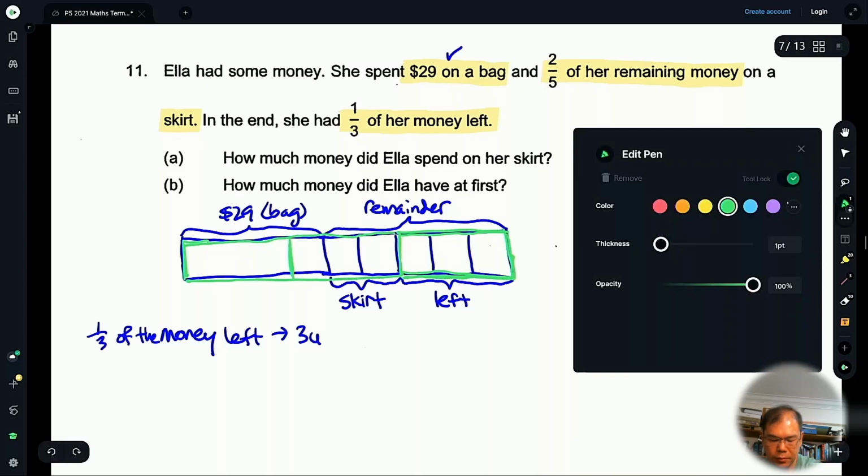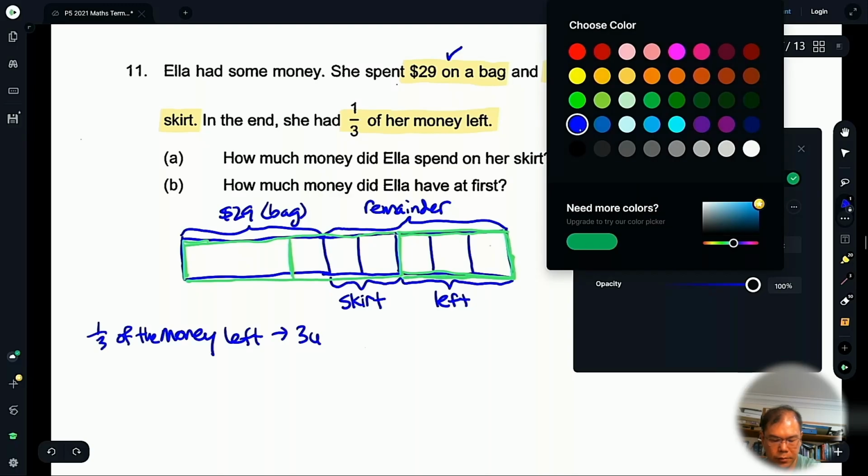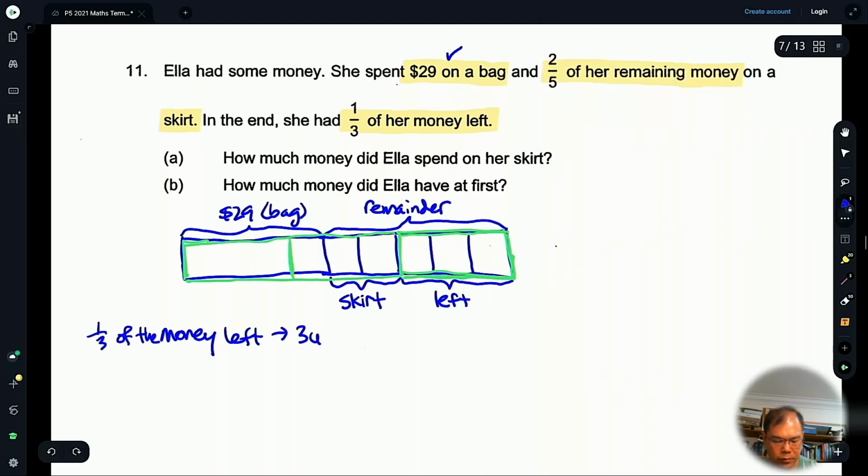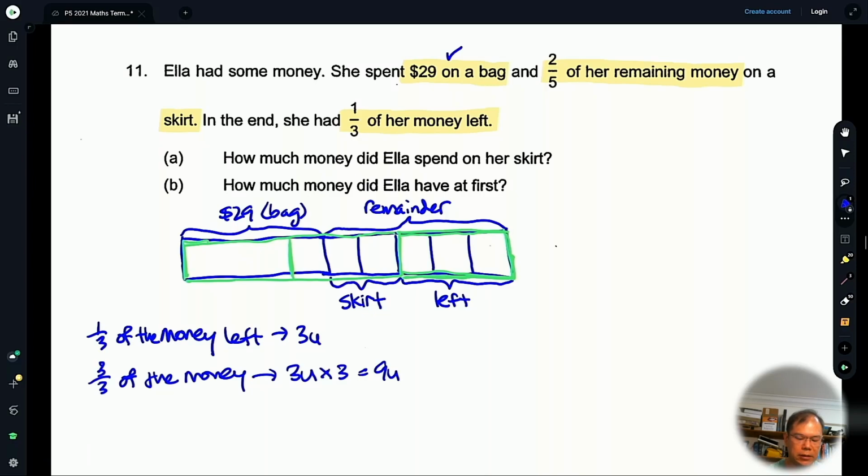So if 1/3 of the money left is 3 units, so 3 out of 3, or all of the money, is actually 9 units. Okay, 9 units.